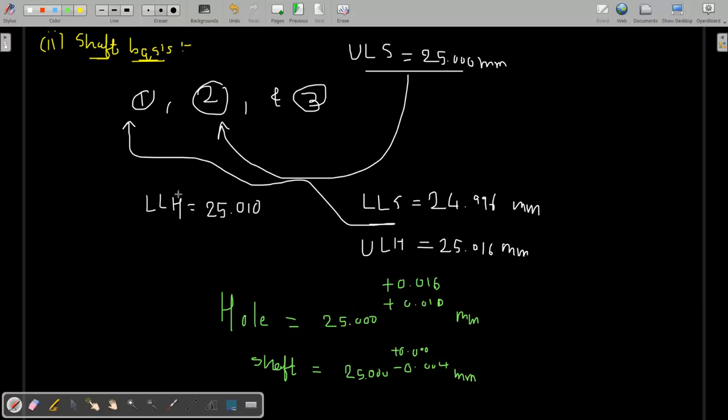This kind of question has been asked in the ISRO exam, which is why I have solved it, and it may be asked in upcoming exams of ISRO, GATE, as well as some PSU exams. In PSU exams in general, they will give this hole and shaft question in ISRO, BARC, and ESE as well.